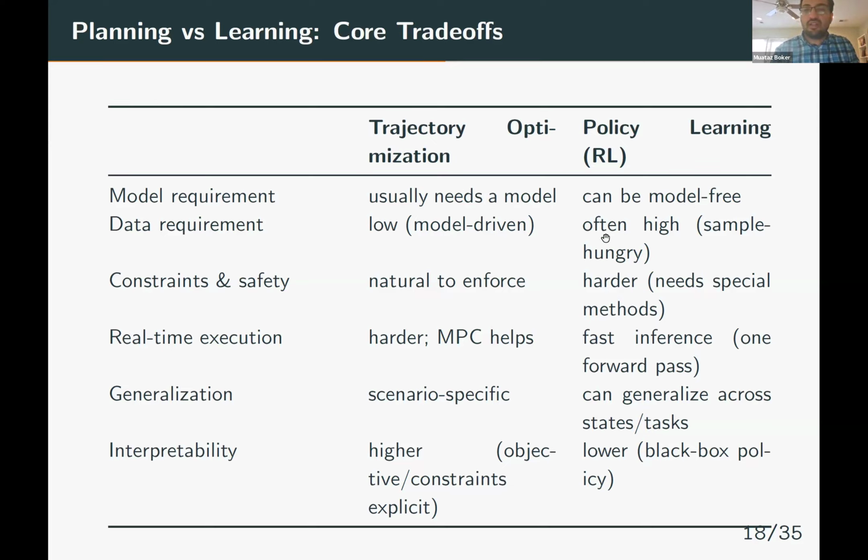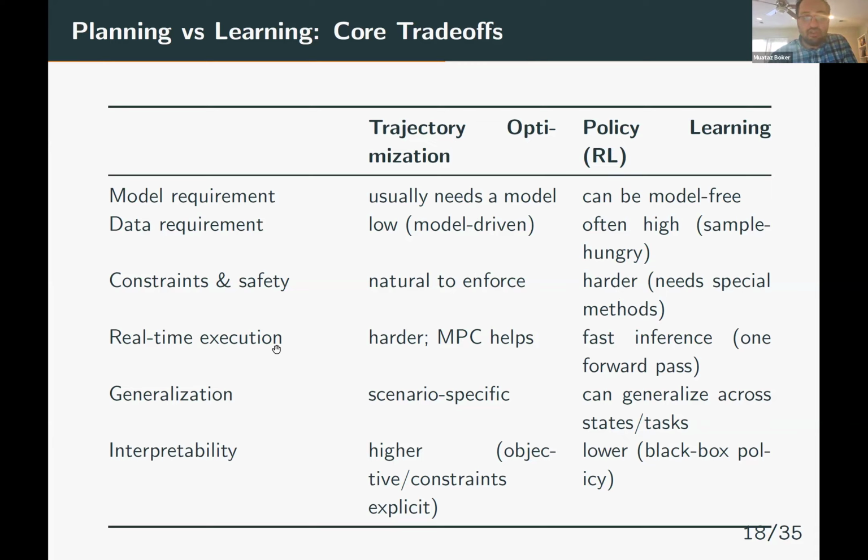But if you don't have a model, you need a lot of data. Okay, so this is the trade-off that you need to be aware of. Another one is that enforcing constraints when you have a model is easier than when you don't have a model. So for reinforcement learning, enforcing constraints and safety is a harder problem to solve.